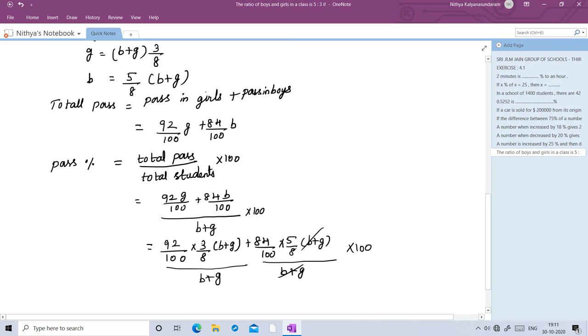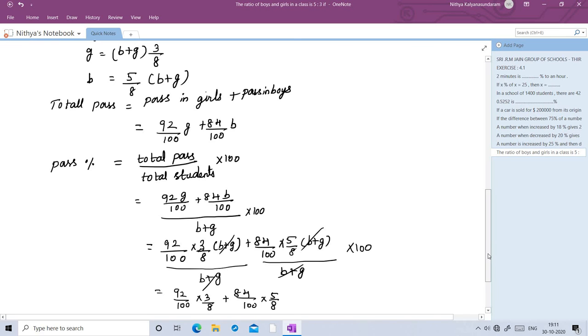So commonly we can cancel B plus G and B plus G alone. Then 92 by 100 into 3/8 plus 84 by 100 into 5/8.